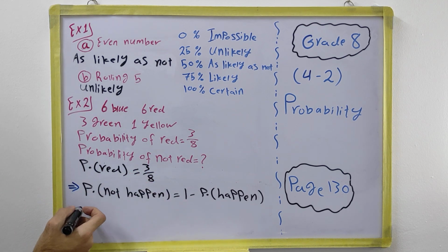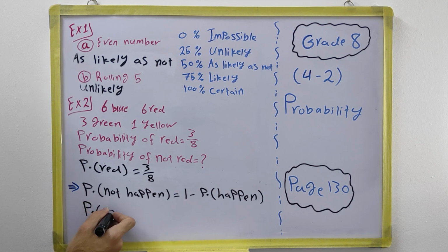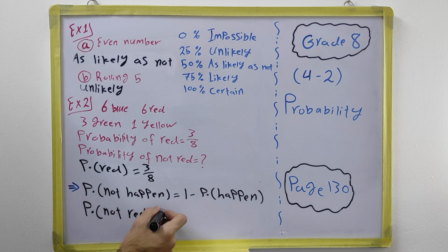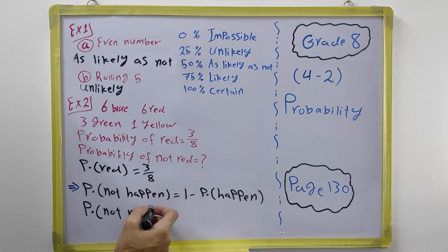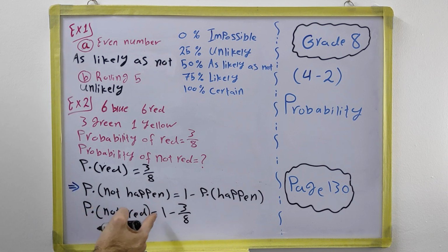So the probability of not red equals 1 minus probability of red, which is 3/8. 1 minus 3/8.